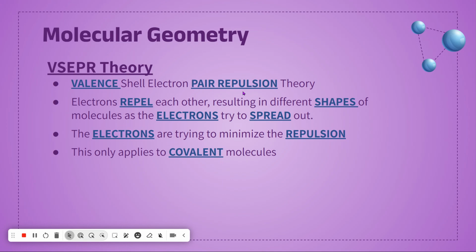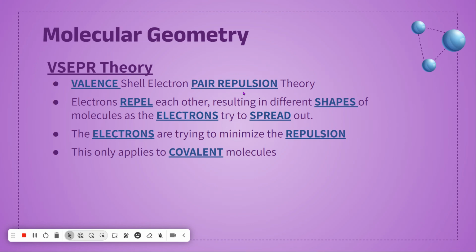Okay, so repulsion means push away or get away from, as far away. So this VSEPR theory, what it's saying to us is that electron pairs in the outermost energy level want to be as far away from each other as they possibly can.